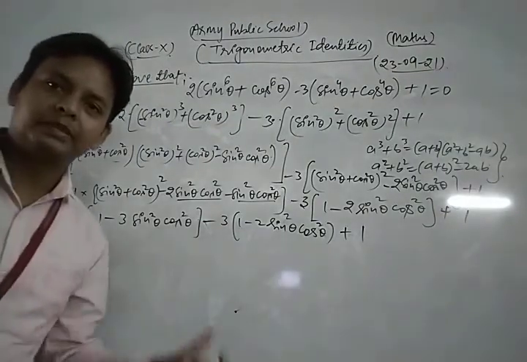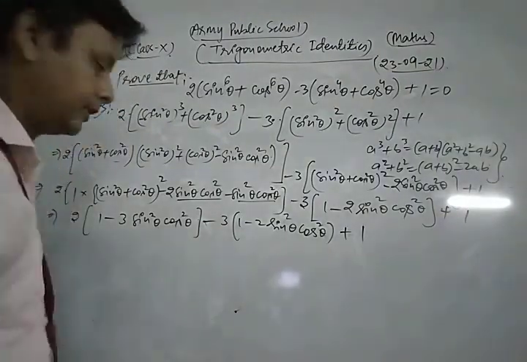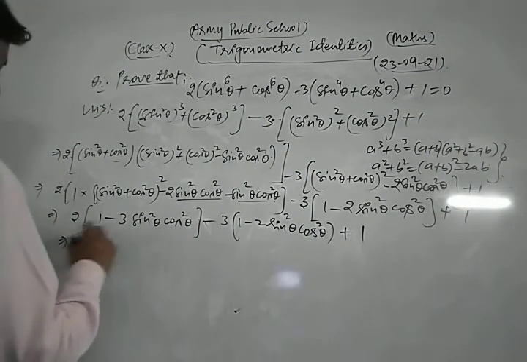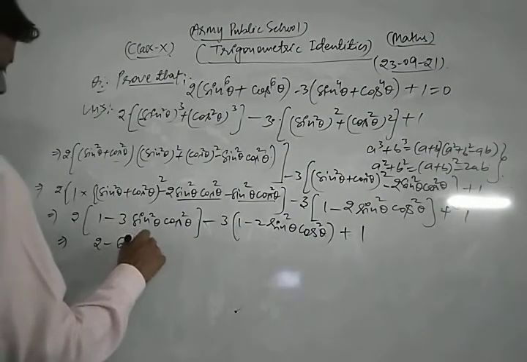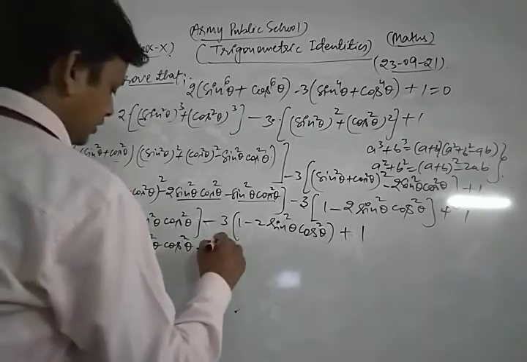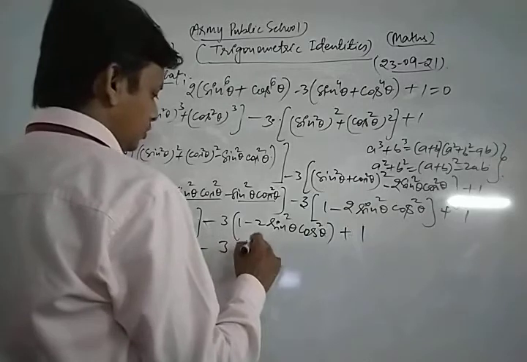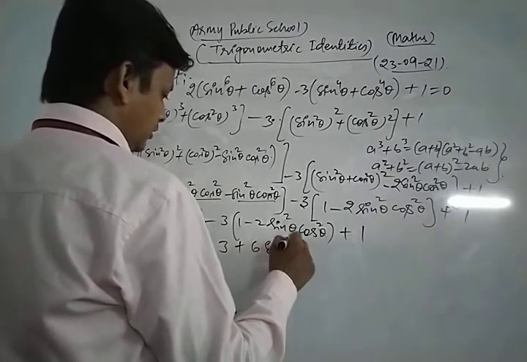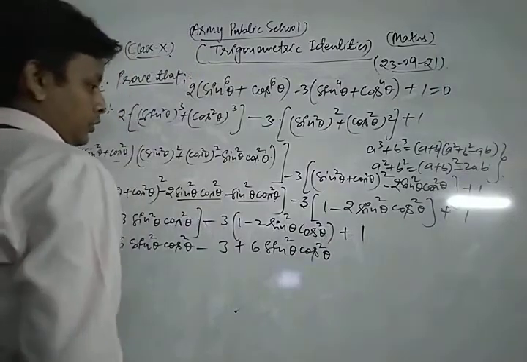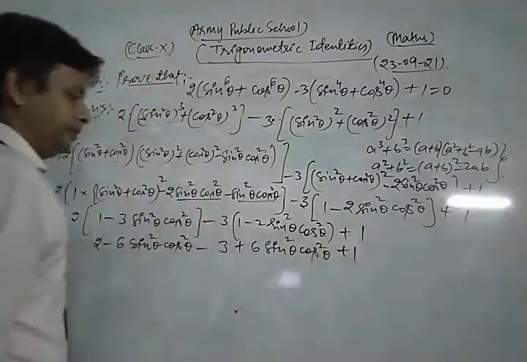Now this one we break the bracket, meaning we just multiply them. So look, if we multiply them, the 2 ones are 2, minus 2 3s are 6 sin square theta into cos square theta, minus 3 ones are 3, minus minus is plus, 3 twos are 6 sin square theta into cos square theta, and this is plus 1.